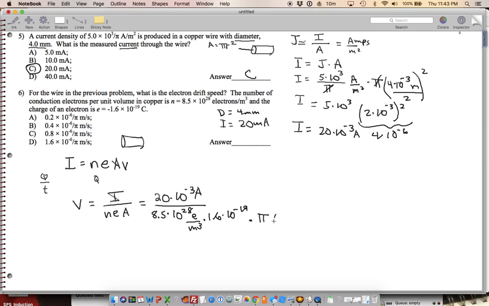So I'm going to have 4 times 10 to the minus 3 meters, and that's my diameter, so I need to divide by 2, I need my radius squared.